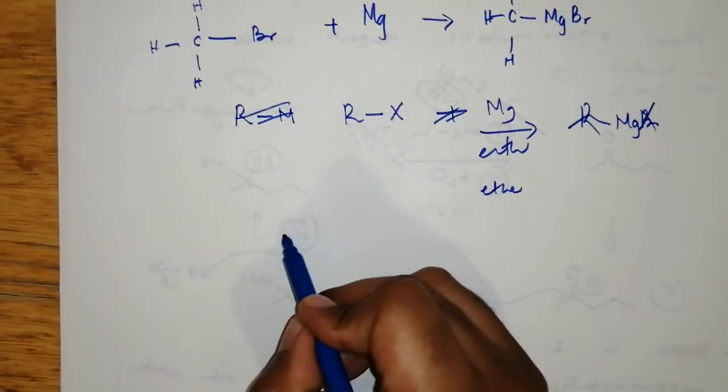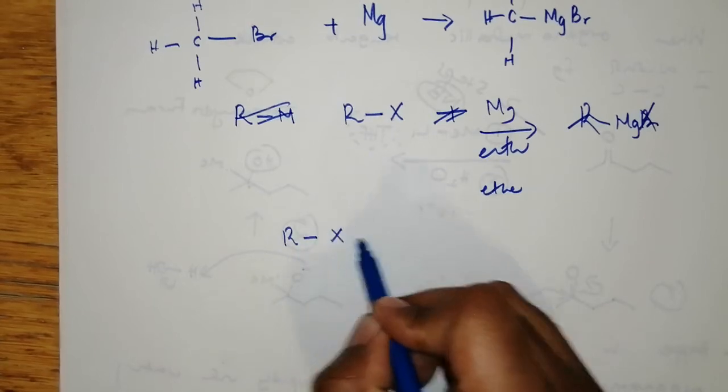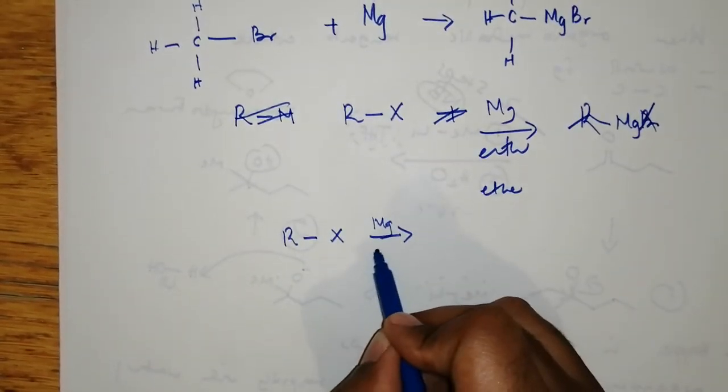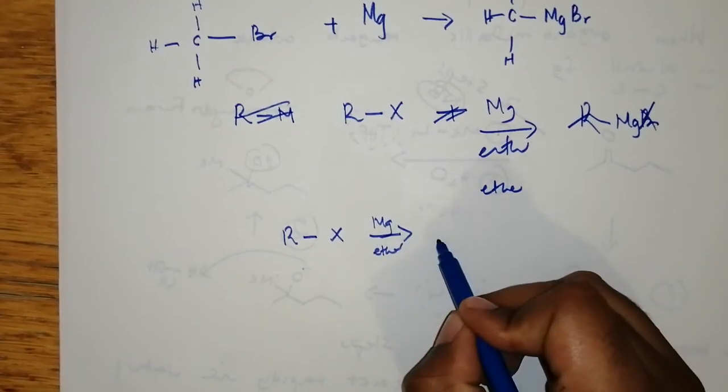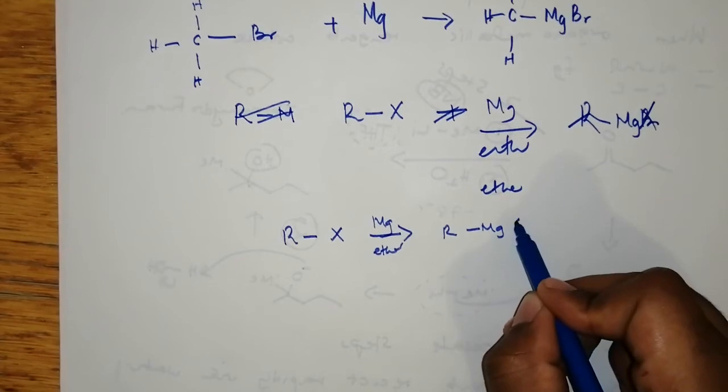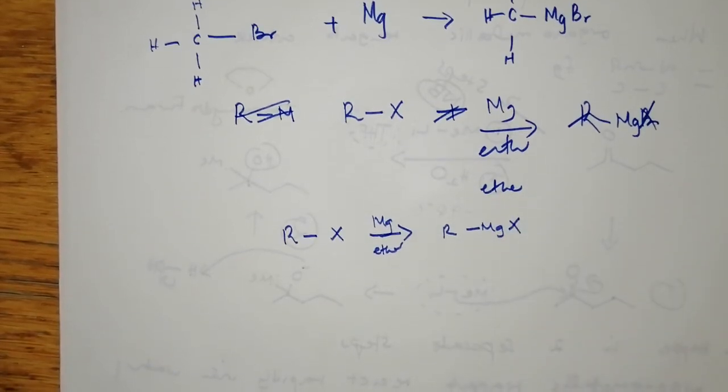Now let me just write this one. So it's R-X, you've got your magnesium there, in ether, and then you've got R-MgX, right?